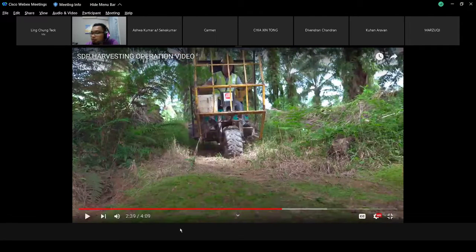This is currently the innovation that has been applied by Samdabi. I forgot its name. A mechanization buffalo something, kind of like a buggy.